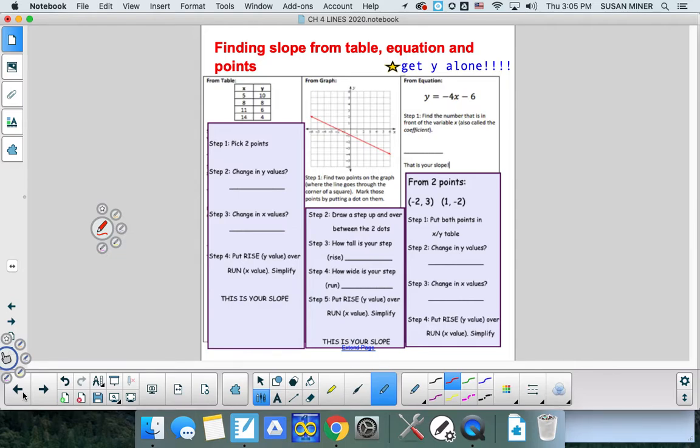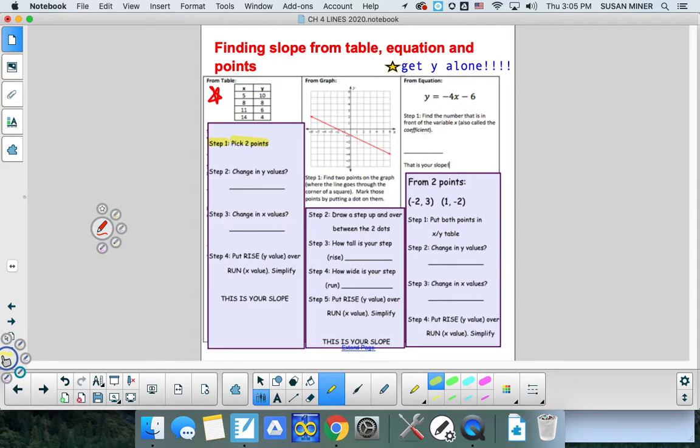So here are some steps that you can follow in order to get slope from a table, from 2 points, and from an equation. Okay, we're going to start right here on the left-hand side where it says finding slope from a table, and you can fill in your notes as we go along. Step 1, pick 2 points off of the table.